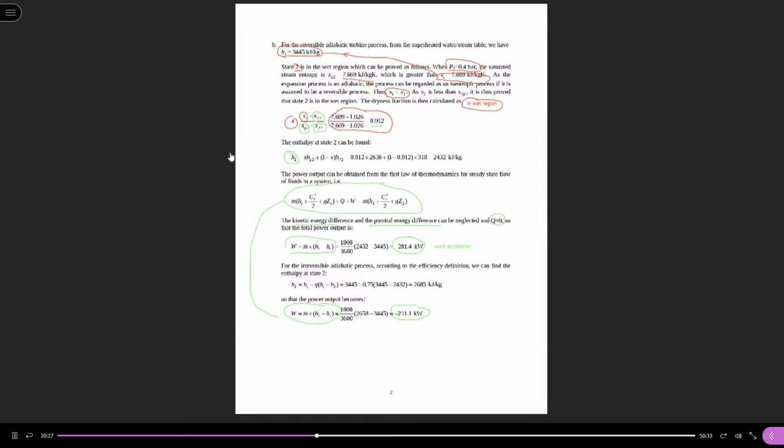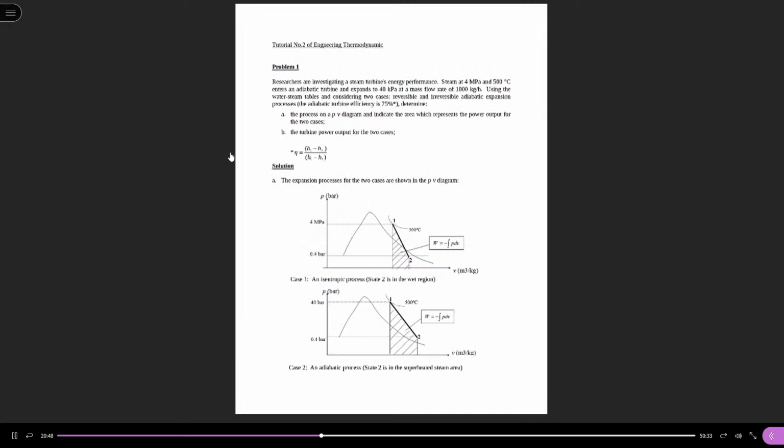Okay, I'll leave you five minutes on this question to see if you can learn how to use the tables and diagram. Go to our folder to check if you understand. Firstly, for this question, we need to know the state. State 1 is superheated.